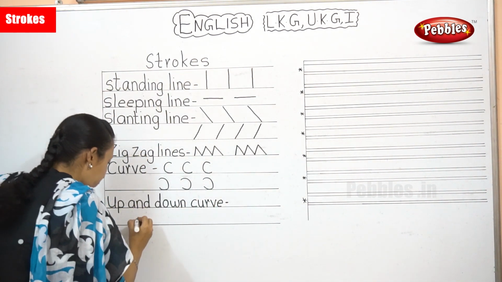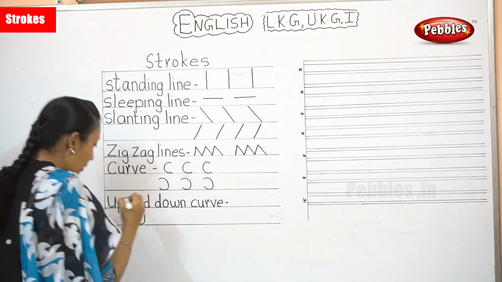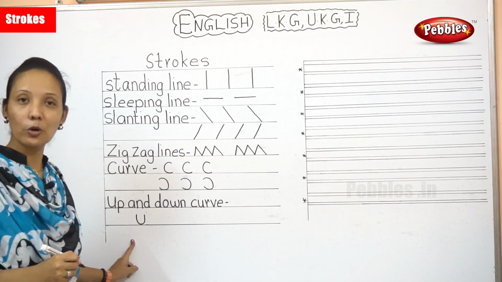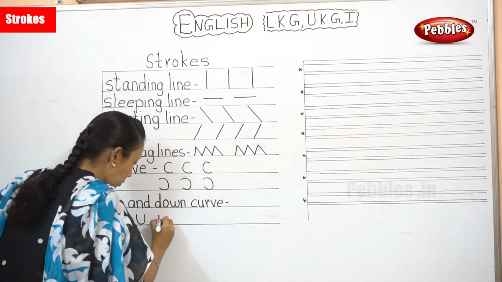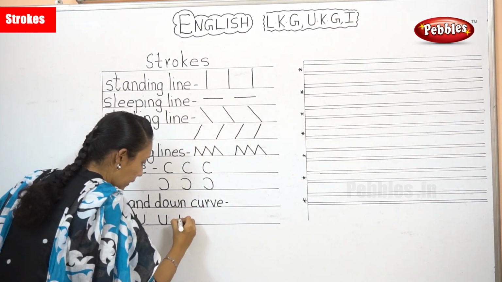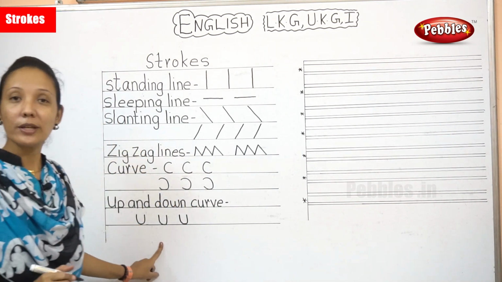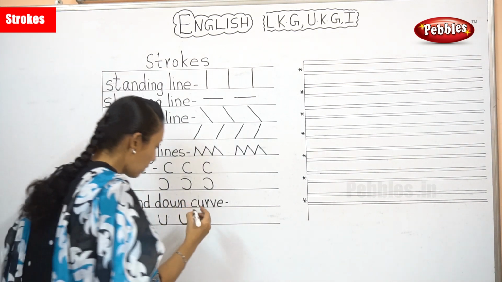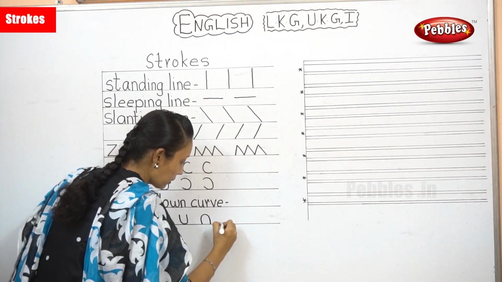Yes, now this is your up curve. What is this, children? Yes, up curve. Once again I will show you. Up curve. Your up curve. Okay, now next we will go to down curve. Down curve.